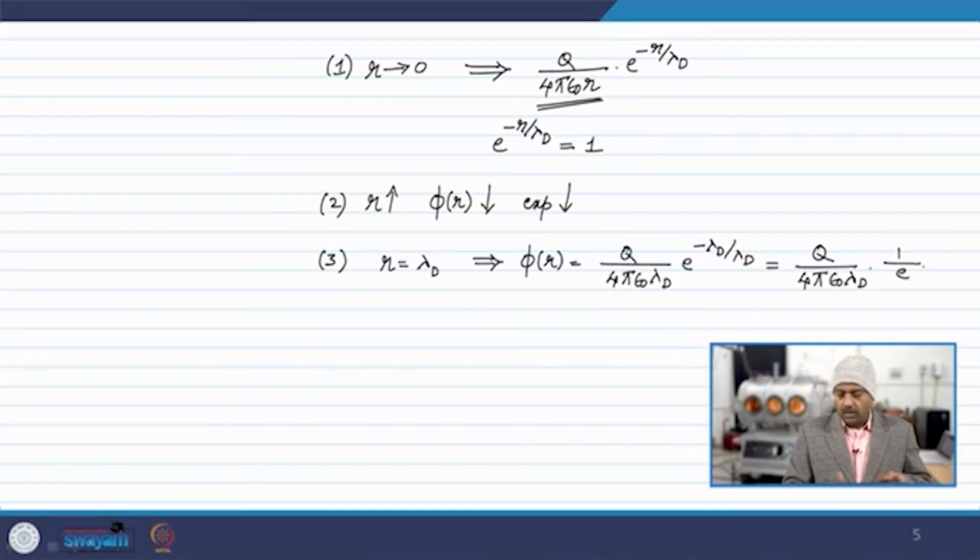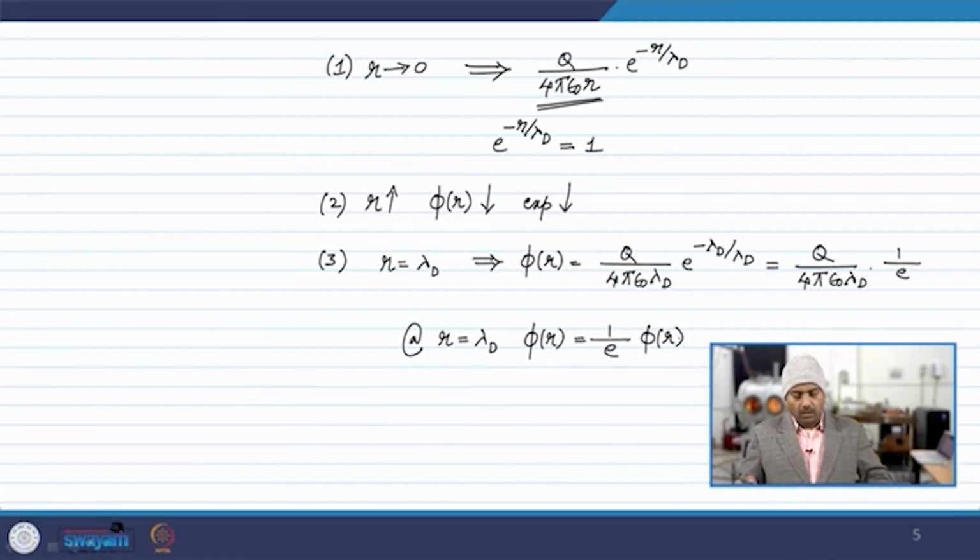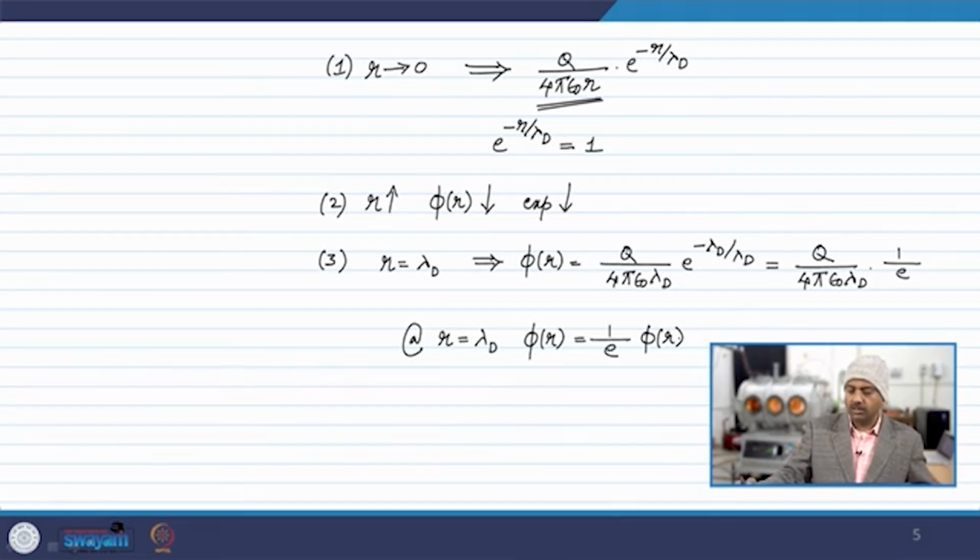What is it? So, what we can infer is at a distance r equal to lambda d, the potential phi of r becomes 1 by e-th of the potential. Potential suddenly drops to very small values because 1 by e, 1 by 2.7 something of the original potential. So, at lambda d, the potential is very, very small.